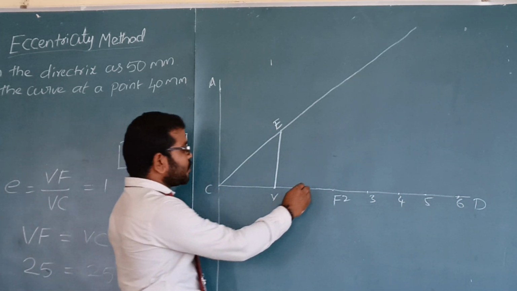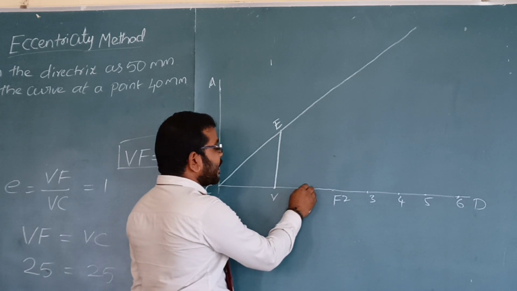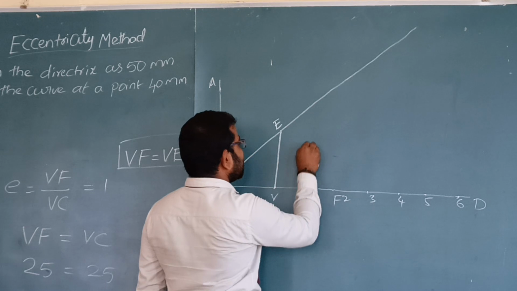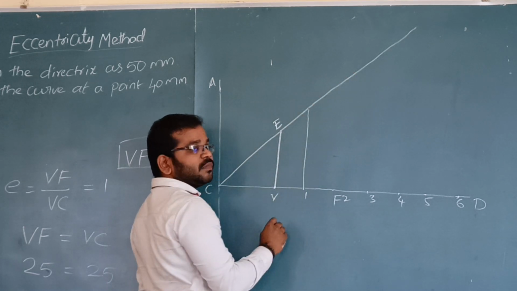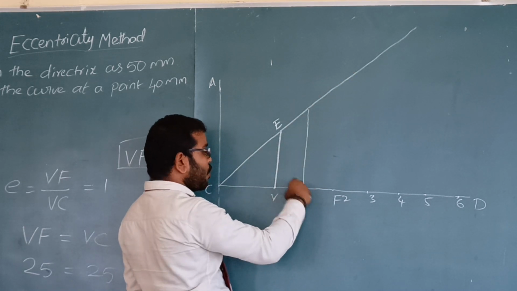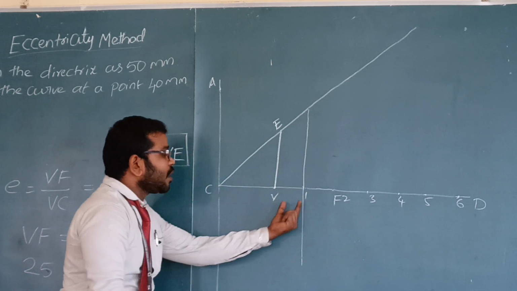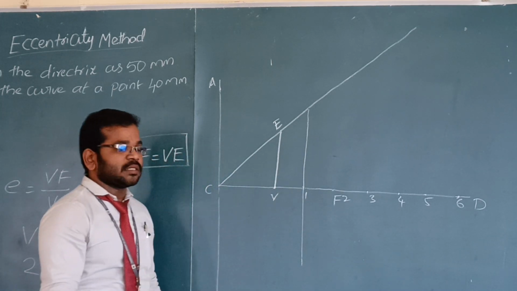So from the point 1 I can draw a vertical line. That vertical line must touch this inclined line. We can draw a vertical line above the axis line as well as below the axis line, up to some distance.